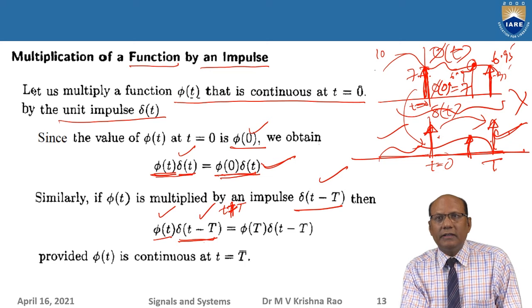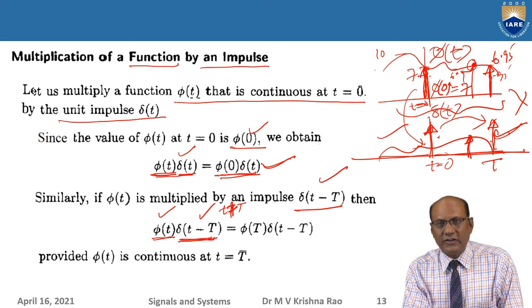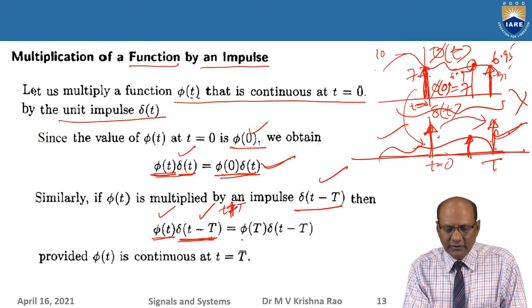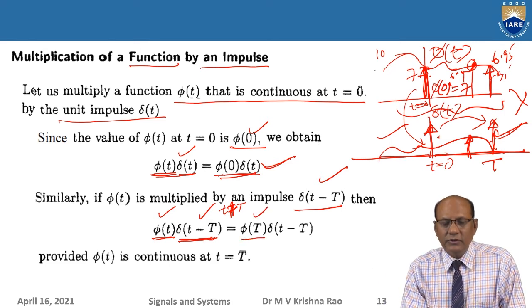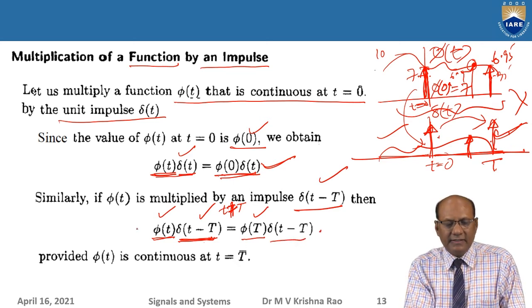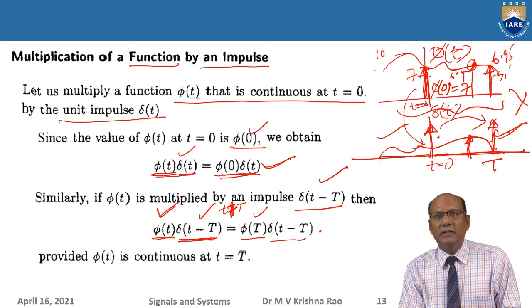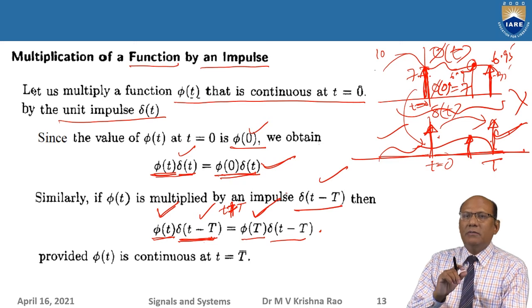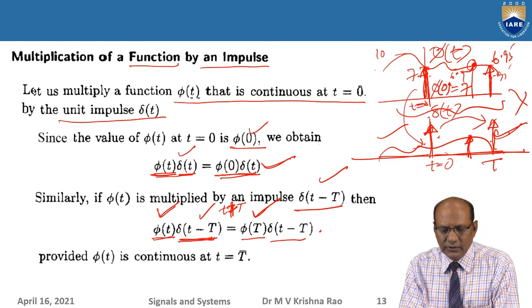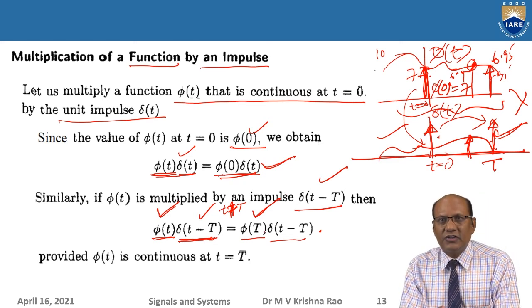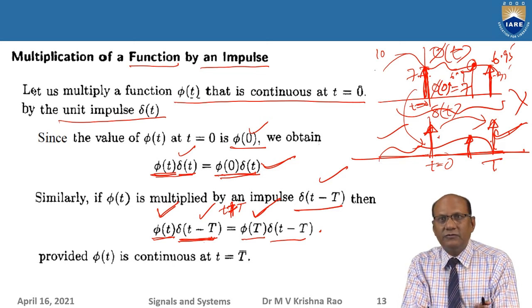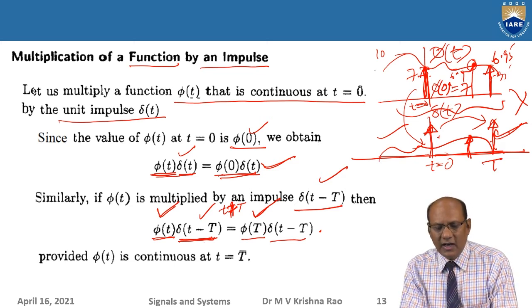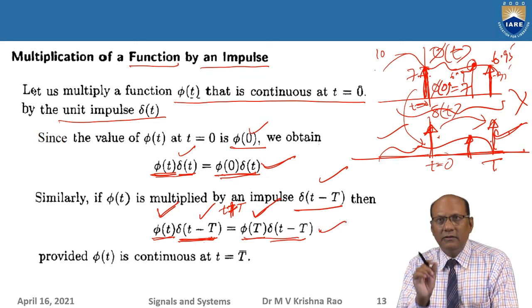At small t equal to t, this becomes unity. So the multiplication of two full functions over the full range gives a single value, a scalar value, which is the delta function. Scalar value means the single value which you get at that instant t. So the left hand side is the multiplication of two full functions, the other side is only a single value.